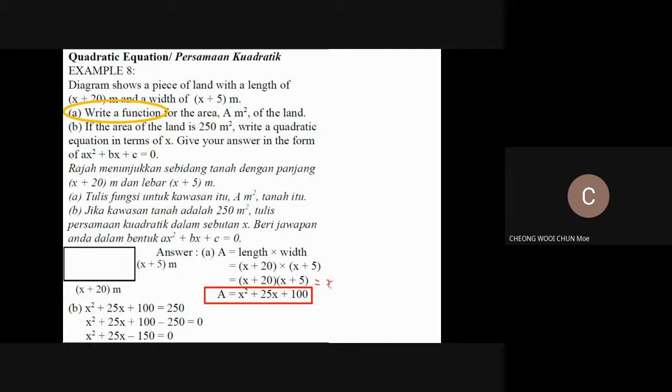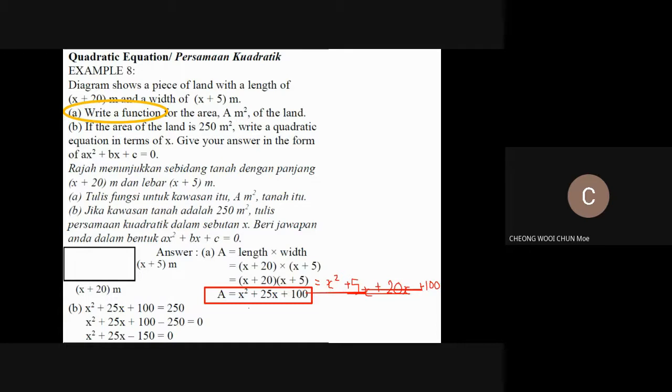Then 20 times 5, 100. So plus 5x plus 20x, 25x.